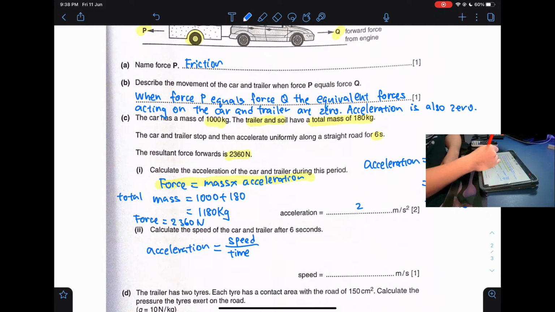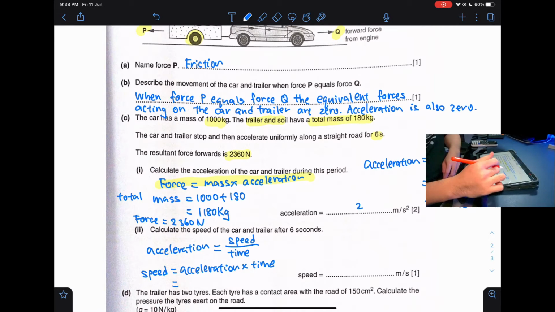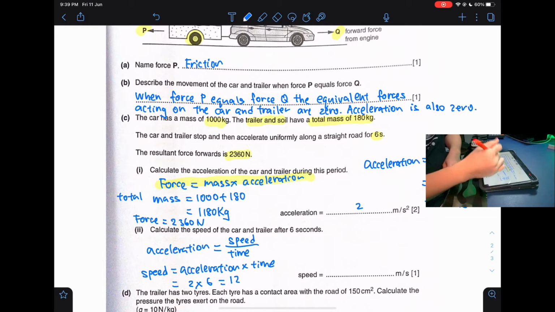And we can calculate our speed by getting the acceleration multiplied with the time. Our acceleration is calculated in part I, which is 2 meters per second squared, and our time is given as 6 seconds. So 2 times 6 will give us 12. So 12 meters per second for the speed.